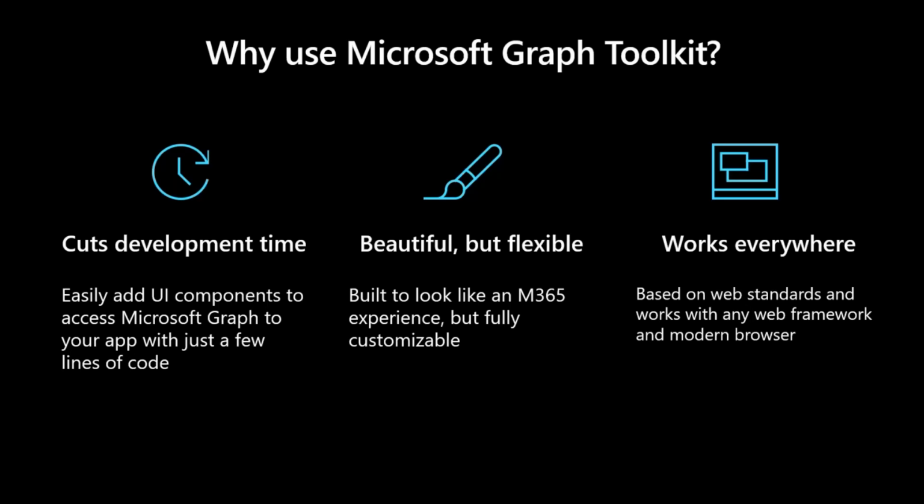And it works everywhere. We're not shipping a React or an Angular specific version. We're shipping a web components version that you can add to any of your apps in any of the canvases that exist, be it a web page, a Teams app, an Electron app, or a SharePoint Framework web part. Anywhere you're thinking that these controls could land, you could actually add them there. So that's really, really useful when you're building really cool applications.